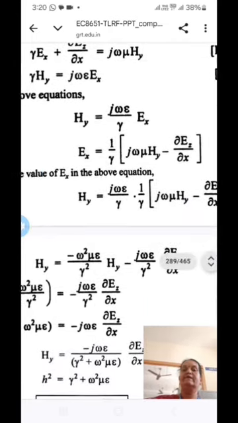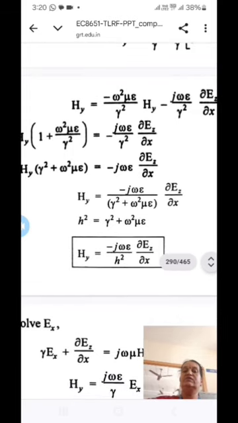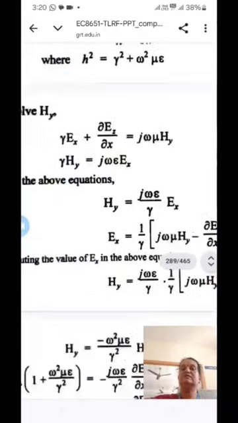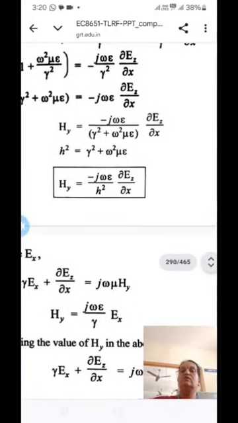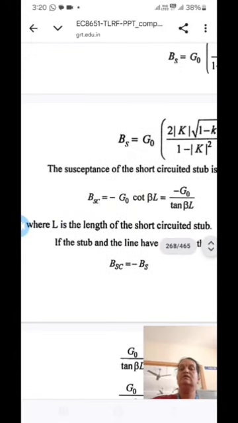So we get the Hy terms, and after simplification, taking the Hy term common, we get the Hy term as in the previous case of Hx. To solve for Ex and Ey, a similar procedure should be done.